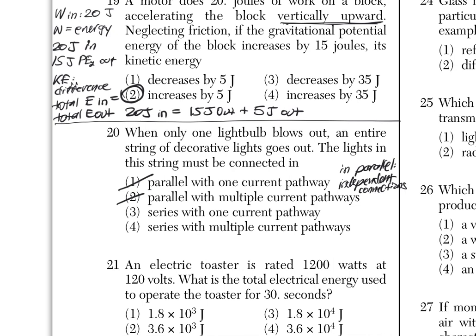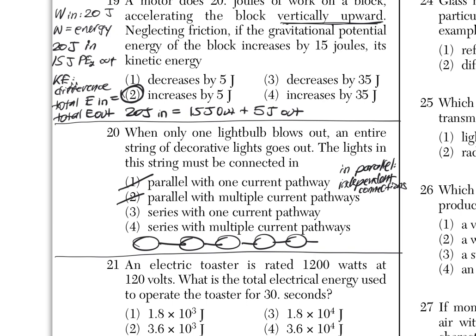And in a series circuit, the bulbs, bulb, bulb, bulb, the whole deal with series is that they have only one path to flow through. So they're connected in series, and series is one current pathway. That's the definition of a series connection. So that's choice 3.